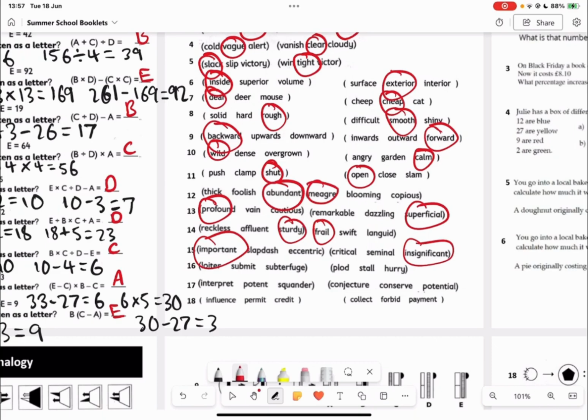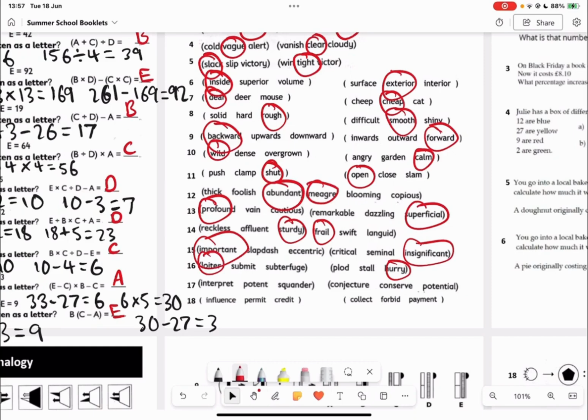So you could say that insignificant is the antonym. Then we move on to question 16, which is loiter and hurry. So that's looking at how rushed you are or how much you want to do something. So loiter is when you're maybe just standing around, whereas a hurry, you might be running to something. Then question 17. 17 is squander and conserve.